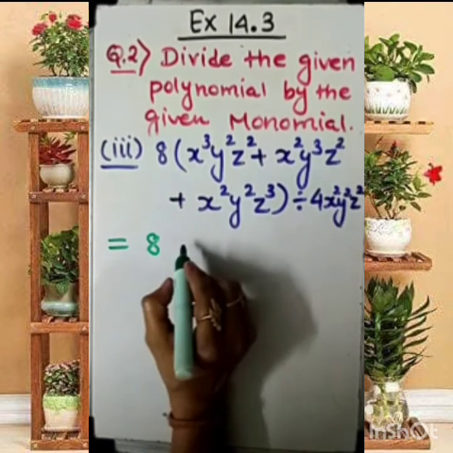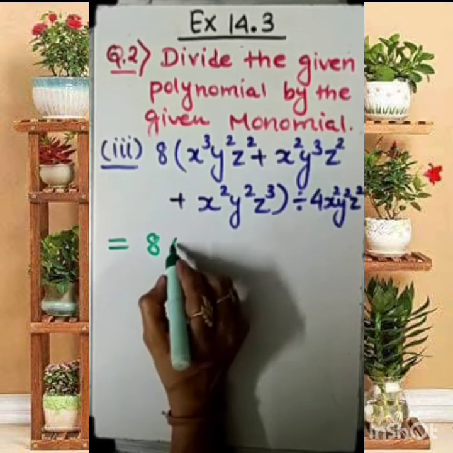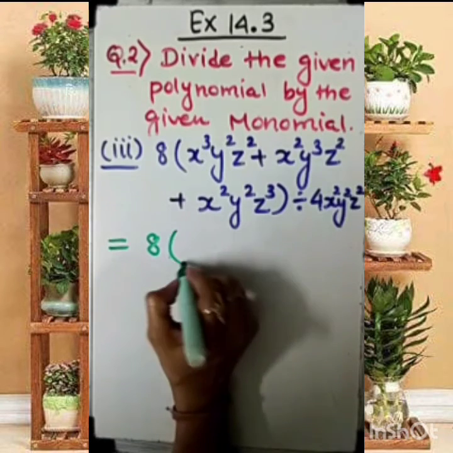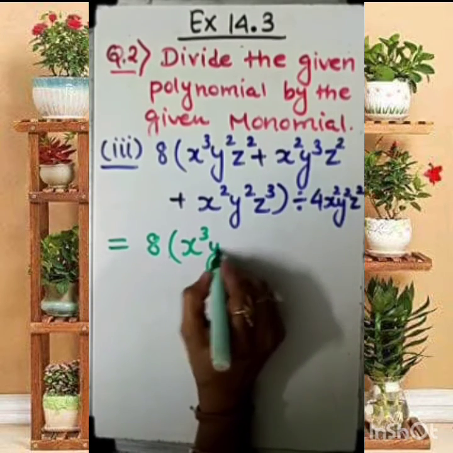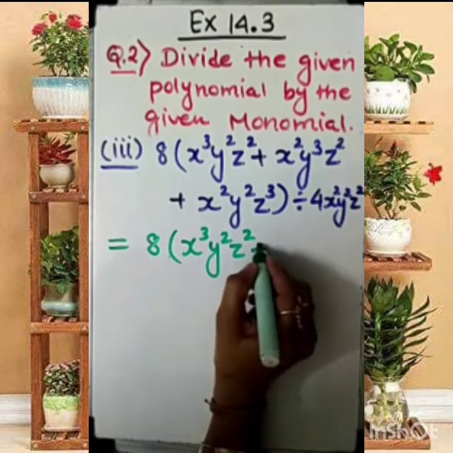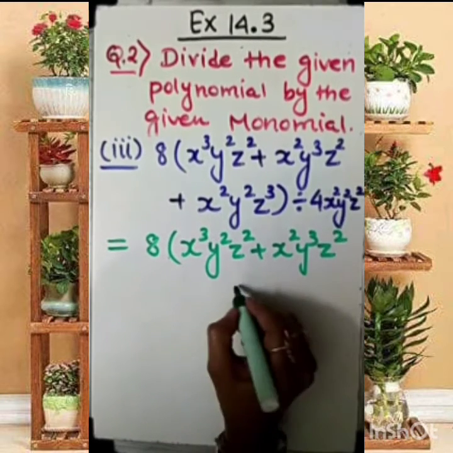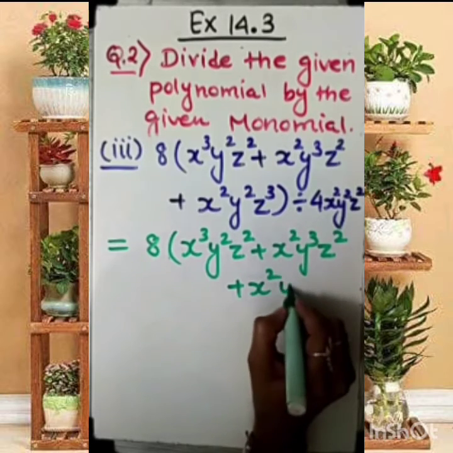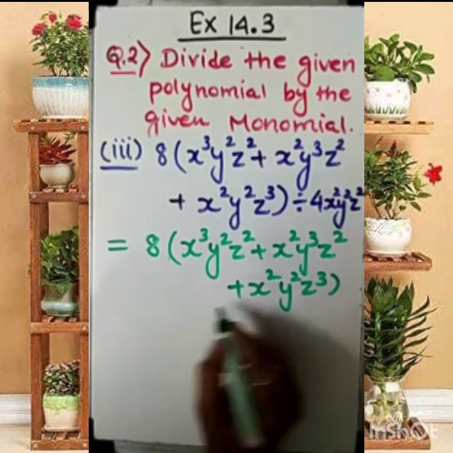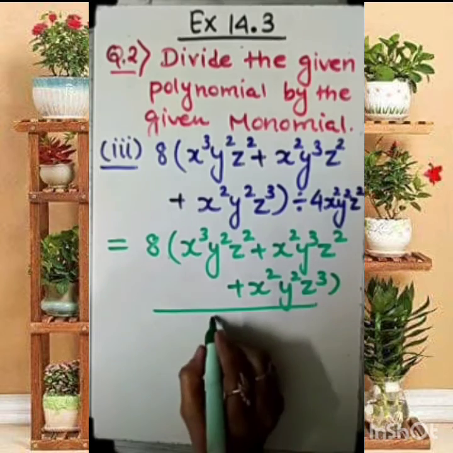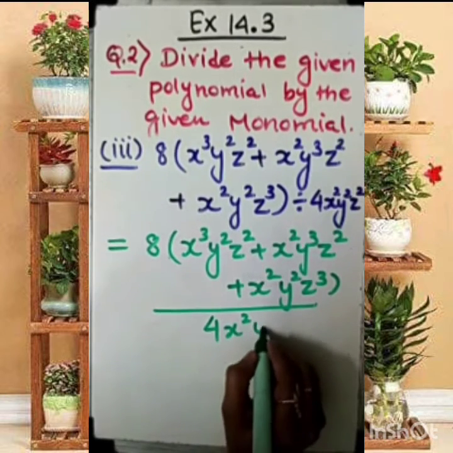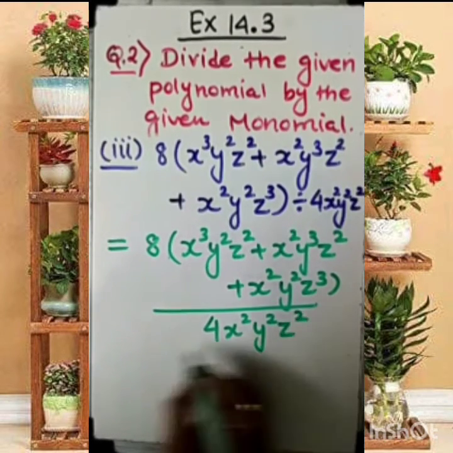In the numerator, I am writing 8 and again mentioning what we are given in the question, without changing the power of any term. I am writing it as divided by this 4x square y square z square.